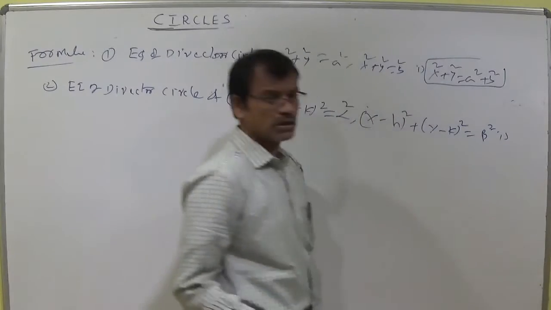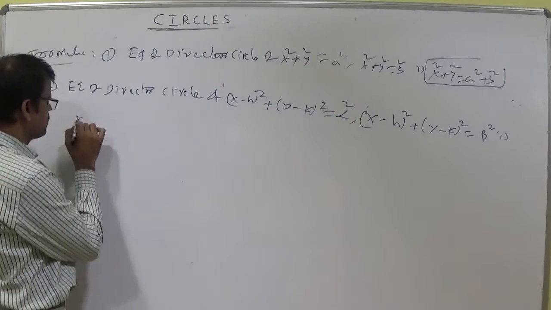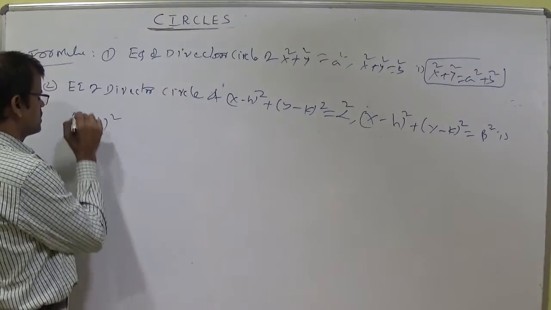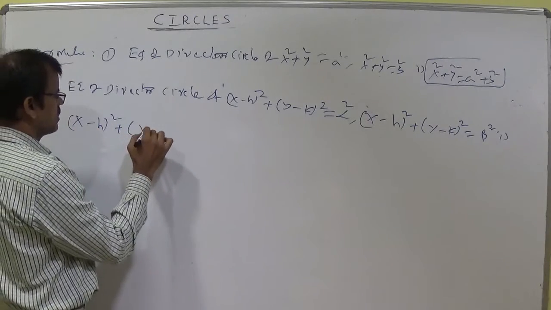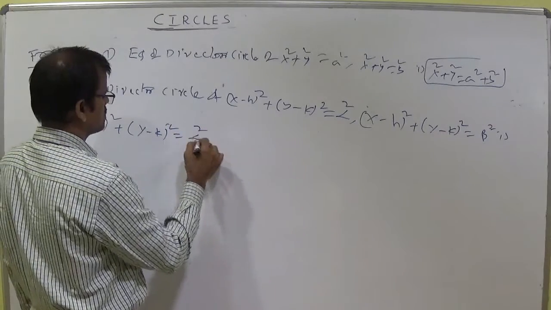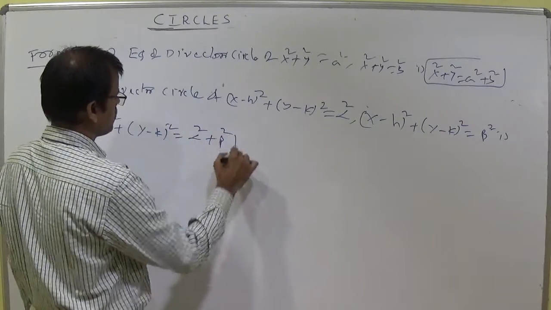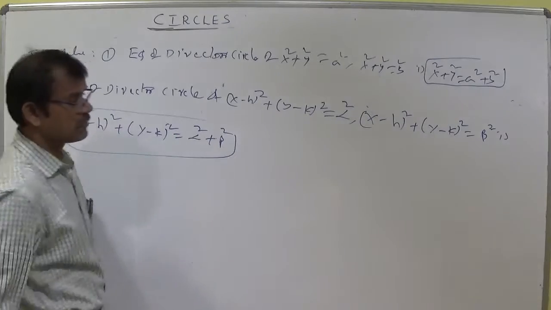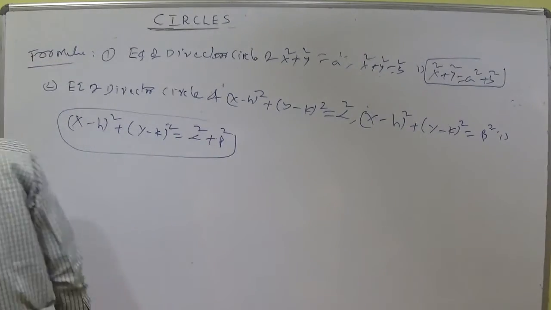For the two circles, the center should be the same because it is concentric. So x minus h whole square plus y minus k whole square is equal to alpha square plus beta square. This is the director circle.